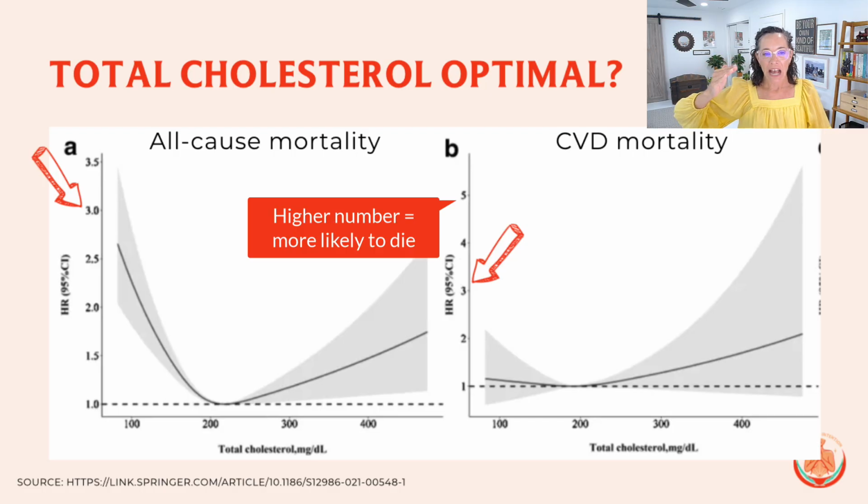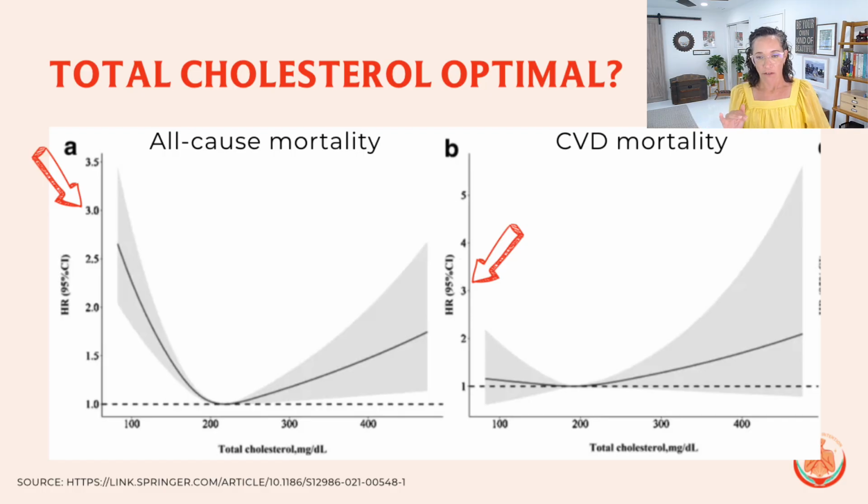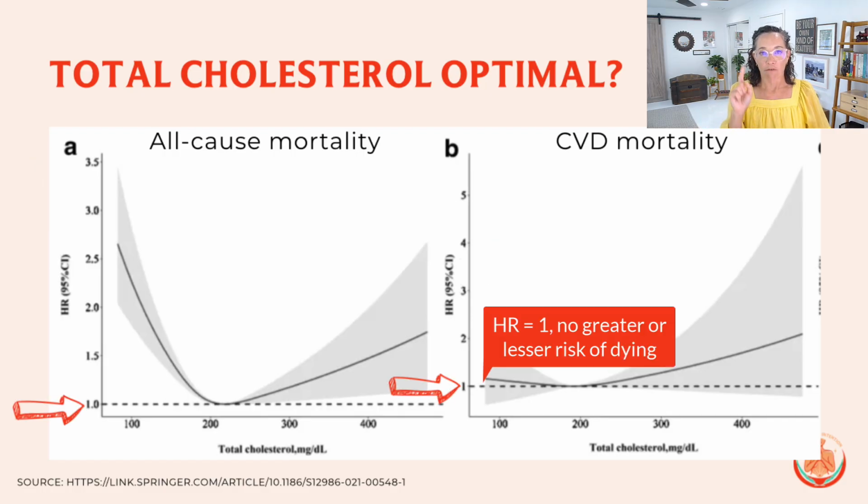So if the hazard ratio is 3.0, a person is more likely to die than if the hazard ratio is 2.0 or even 1.5. A hazard ratio of 1 means that a person is as likely to experience the outcome with or without the thing that is being measured.